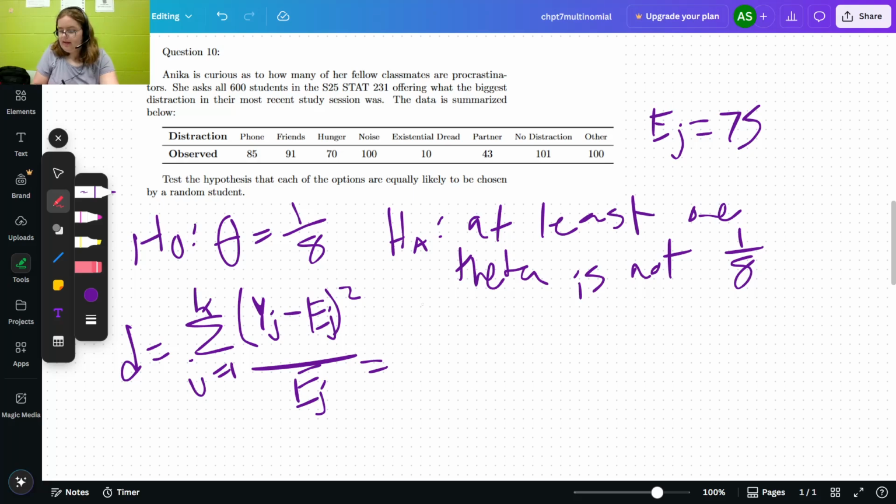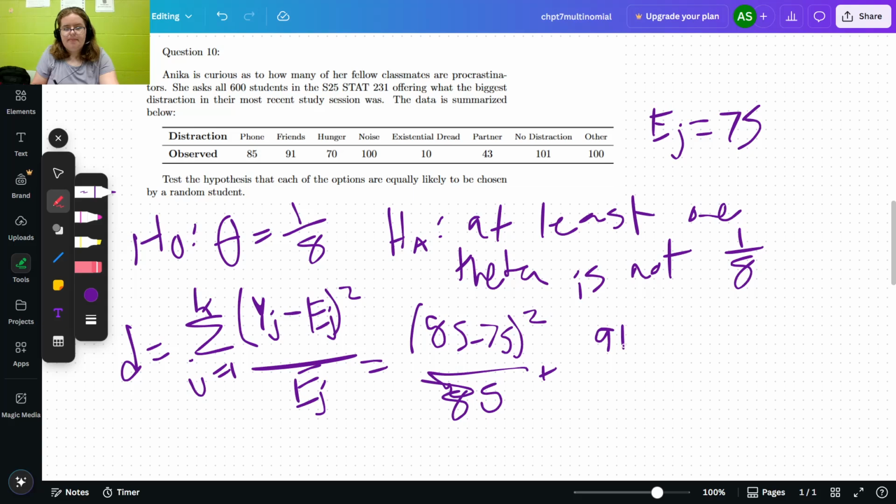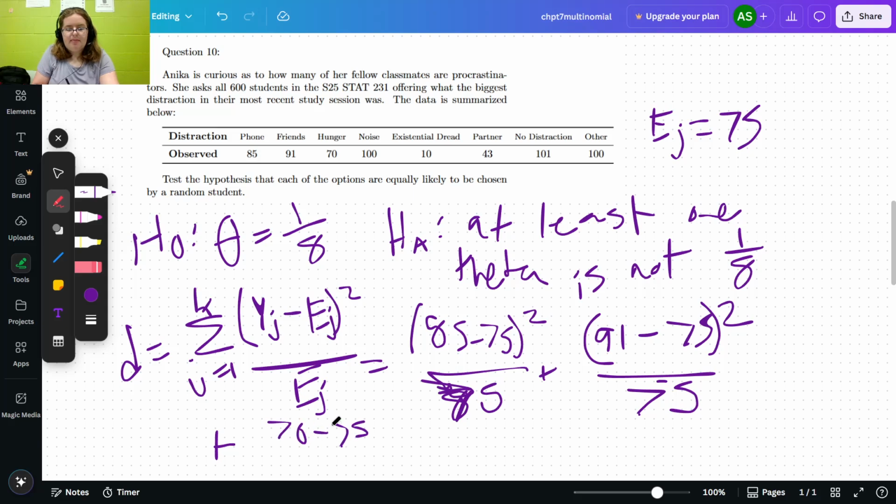So we get 85 minus 75 squared over 75, plus, and so on. I don't know if I want to make you sit through all this again. I'll just do a couple more to demonstrate this: 70 minus 75. I'm getting these numbers from the data up here, just like the last example.